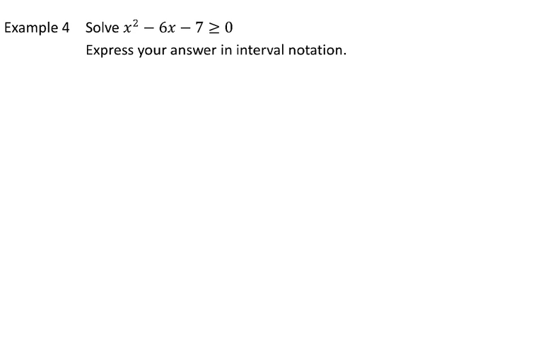We do need to take this quadratic and factor it. We need to find 2 numbers that will both multiply to negative 7 and also add to negative 6. Those would be negative 7 and 1. So this would factor into x minus 7, and x plus 1 is greater than or equal to 0.